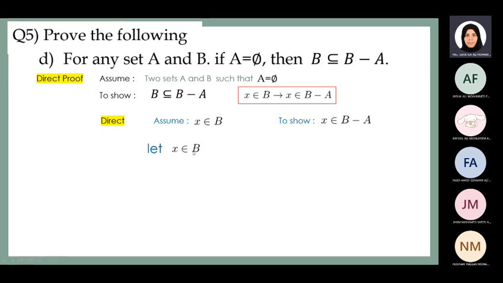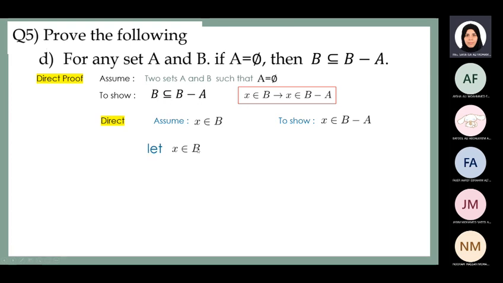Let X belong to B. Why did he choose X belong to B? Because he decided to prove this subset directly. So he is assuming that X belongs to B and his goal is to show that X belongs to B minus A. If he proves that, it means he proves that B subset of B minus A.